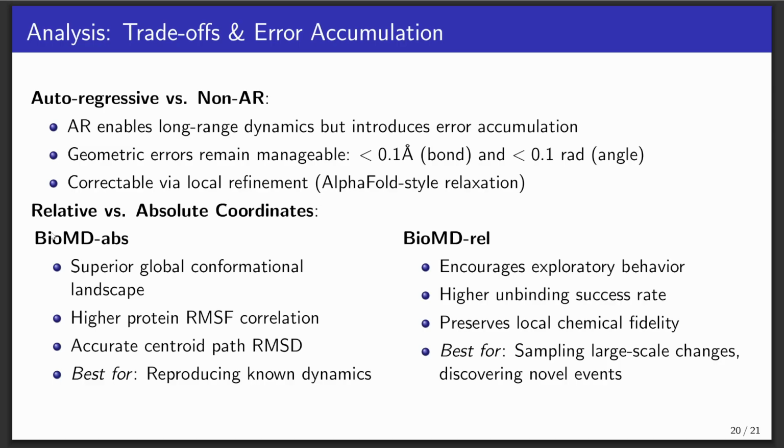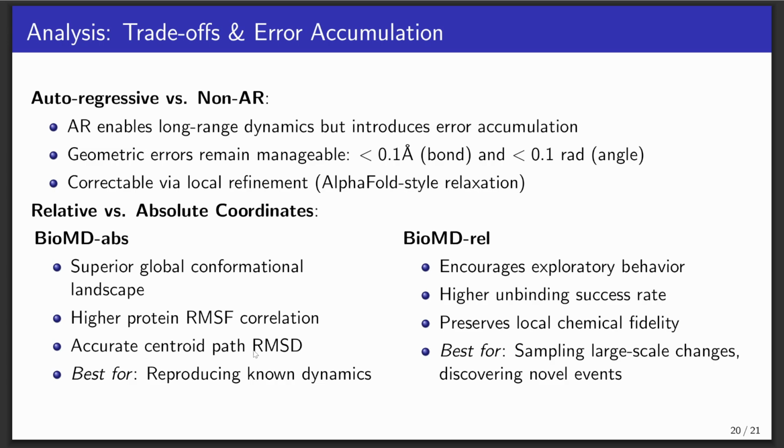Also, we can use relative or absolute coordinates, depending on the experiment results. We can see the absolute coordinates show a superior global conformational landscape, have higher protein RMSF correlation, and can predict accurate centroid path RMSD.